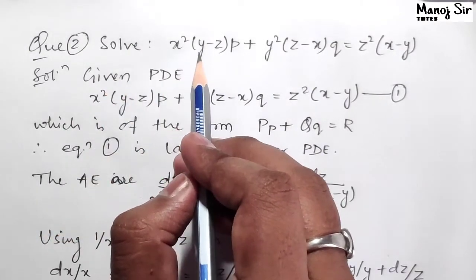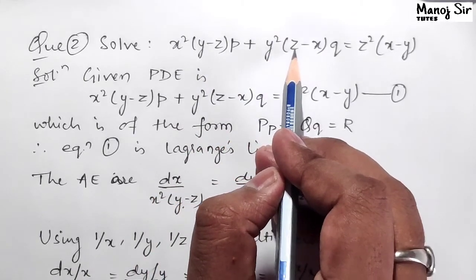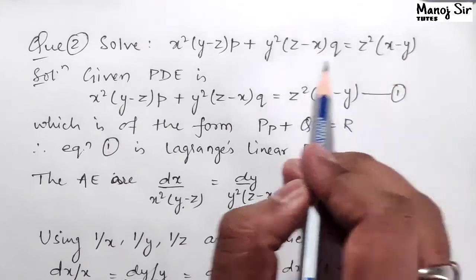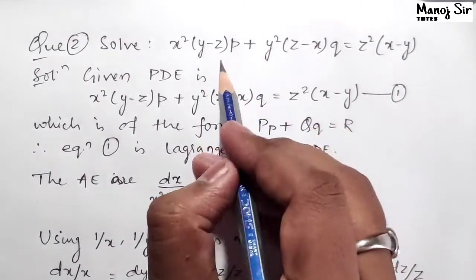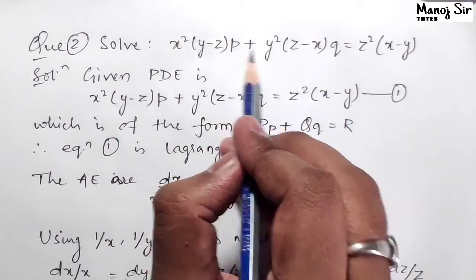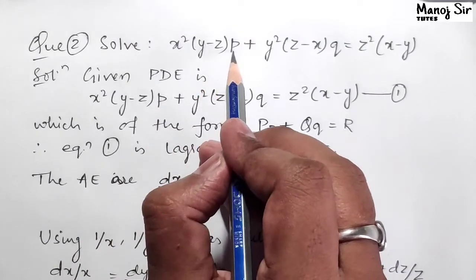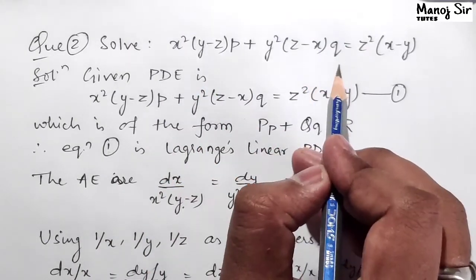Solve x square into (y minus z) into p plus y square into (z minus x) into q equal to z square into (x minus y). Since we have p and q, this is a partial differential equation, because small p is del z upon del x and small q is del z upon del y.